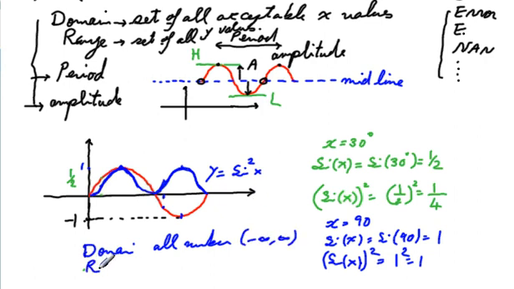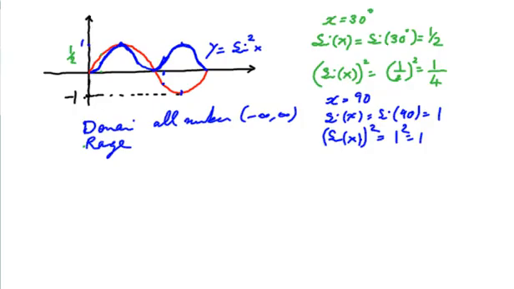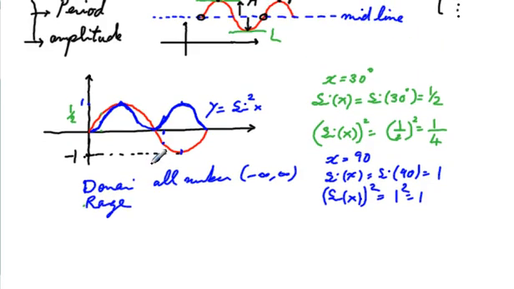How about the range? Range is the set of all y's you get. How do I describe all the y's I get on this blue curve? I get all numbers from 0 to 1. That blue curve never comes below, so I never get any negatives. It doesn't go above 1. I don't get 2s and 3s. Range is all numbers from 0 to 1.